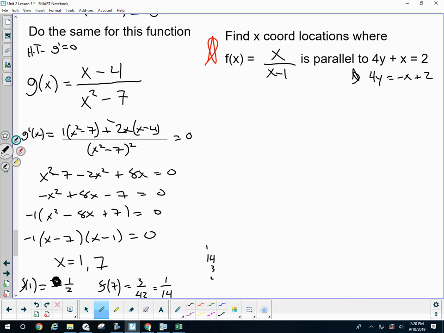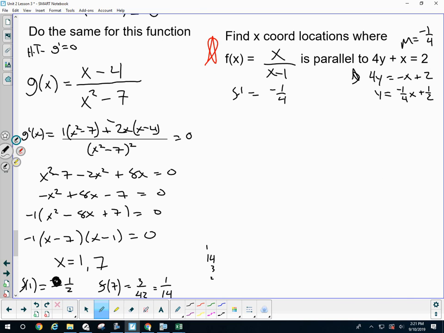Now, one issue is that I don't see the slope just by looking at it. I'm going to have to do a little bit of legwork to solve for y to visually see this line has a slope of negative 1/4. I want to figure out when my tangent slope generator generates a slope of negative 1/4. I will take f prime, set it equal to negative 1/4, and solve.